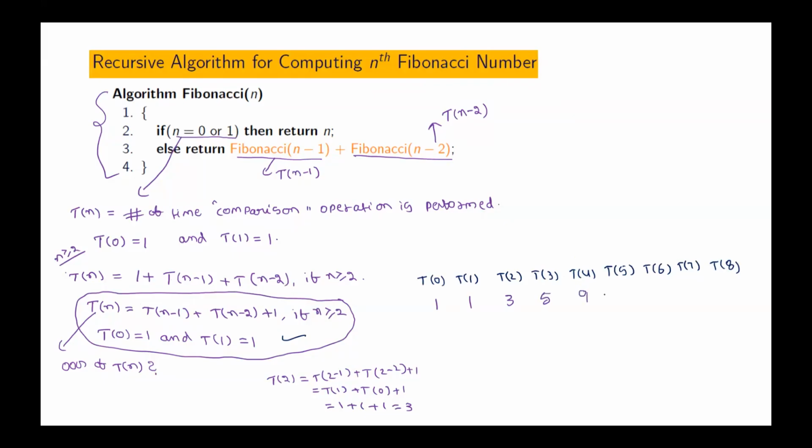It is 9. T of 5? 15. This is 25. It goes like this. Okay, we'll come back to this after.